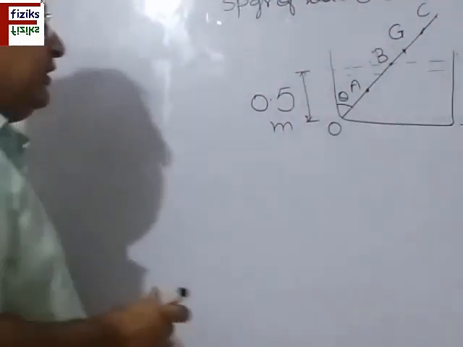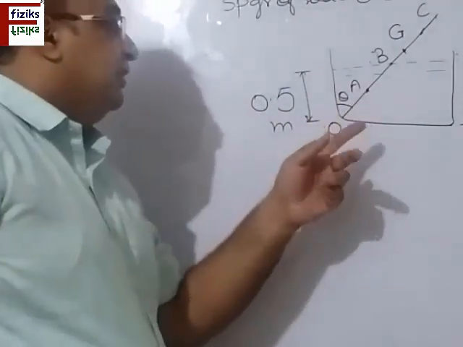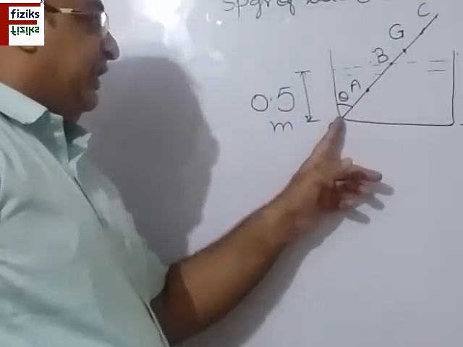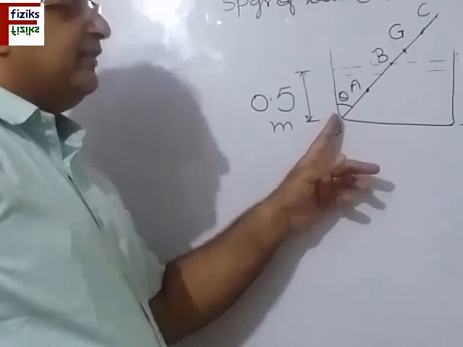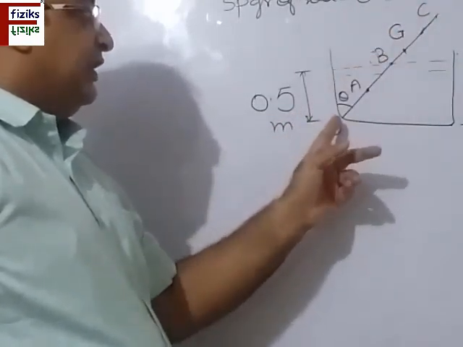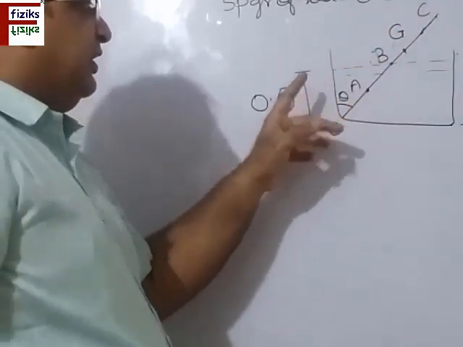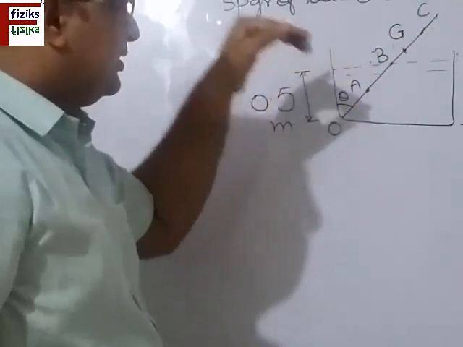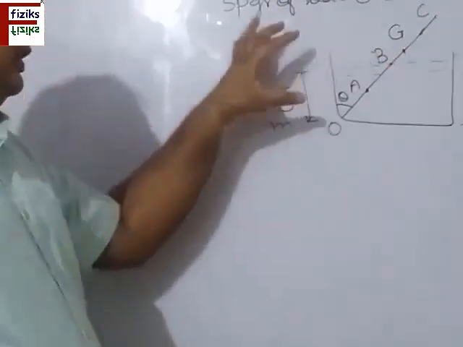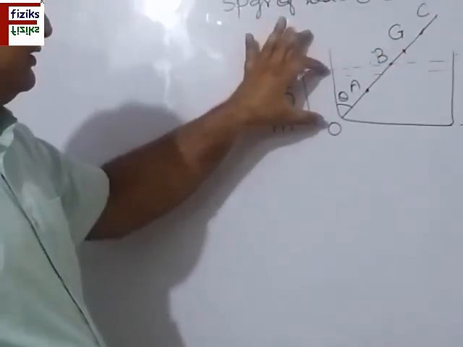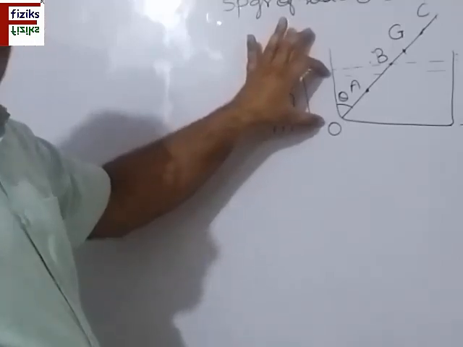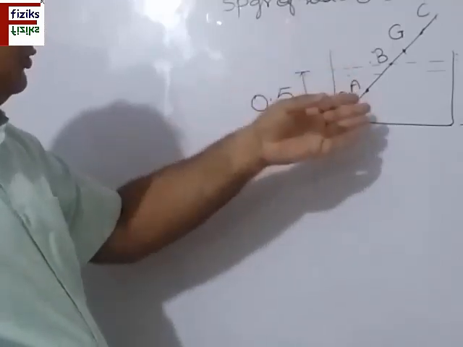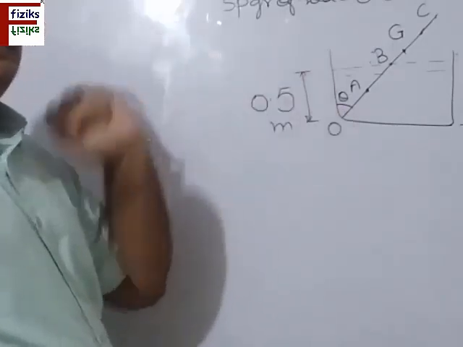Now it is kept in this position, hinged at A. That means at this point there is a hinge, and this rod OC has been fixed to this, such that the water is in the tank and the height of water in the tank is 0.5 meter.